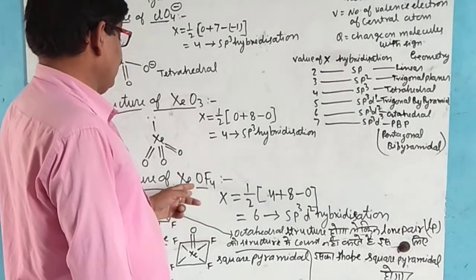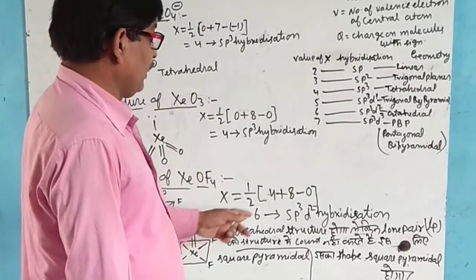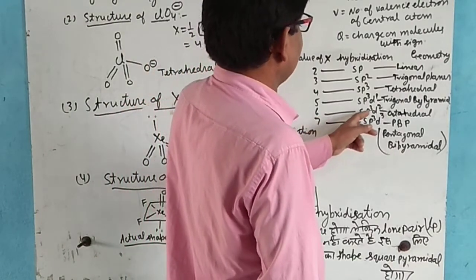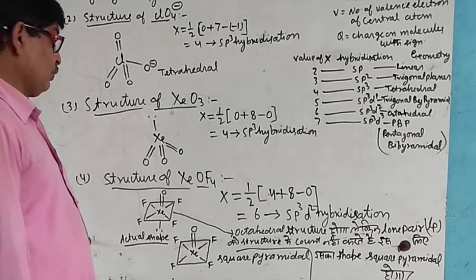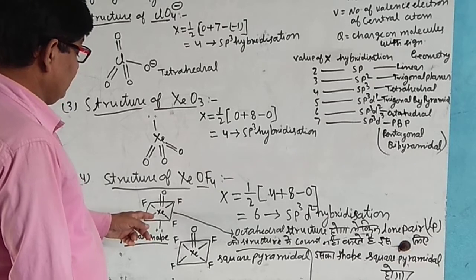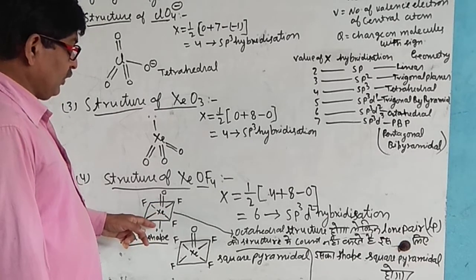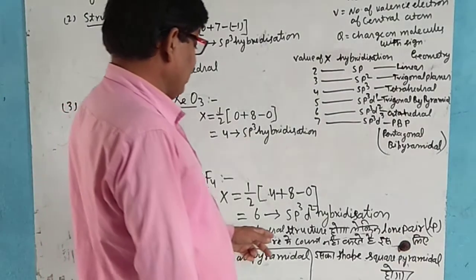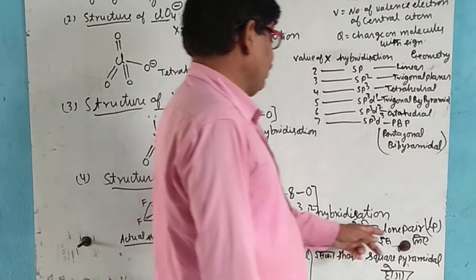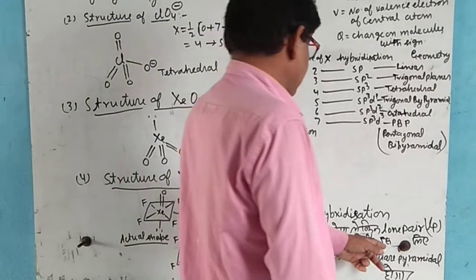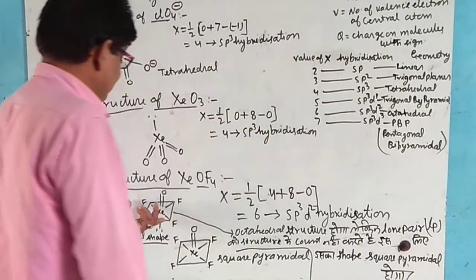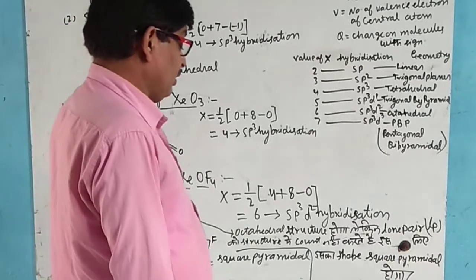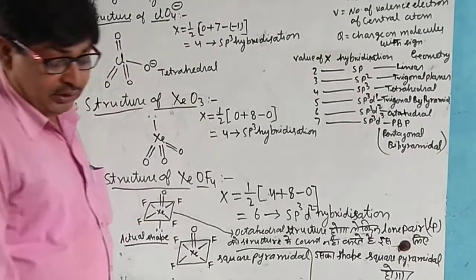S is equal to 4, the central atom has 8 valence electrons and the charge is 0, so 12 divided by 2 is 6, sp3d2. The valence electrons of xenon is 8, but here there is a lone pair. It should be an octahedral structure, but the lone pair is not counted in the structure, so its shape will be square pyramidal.